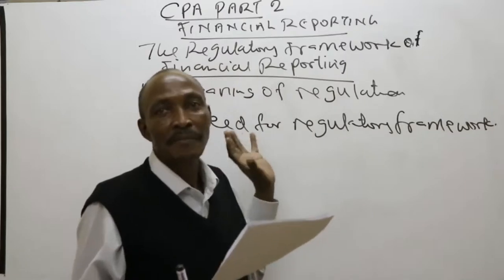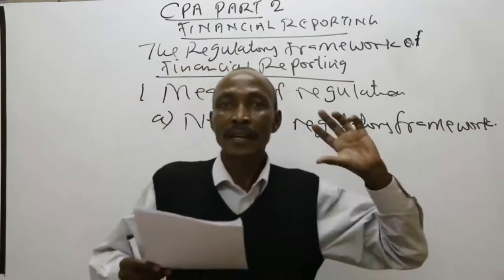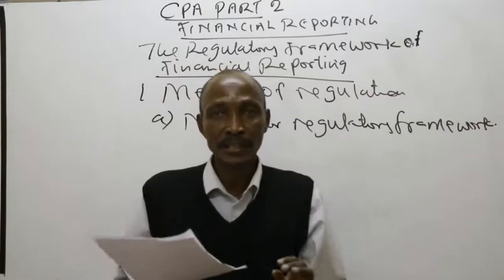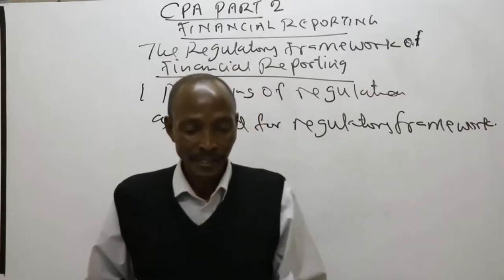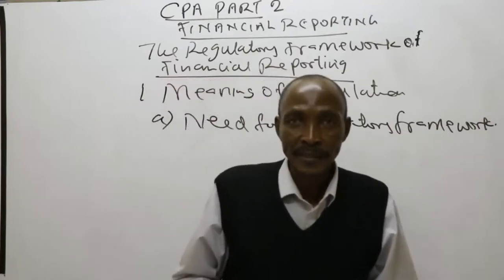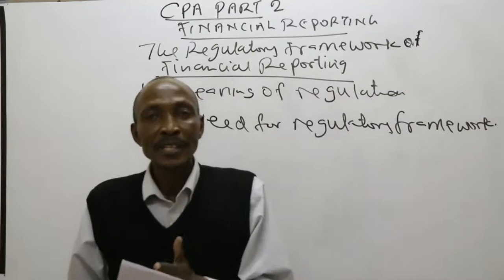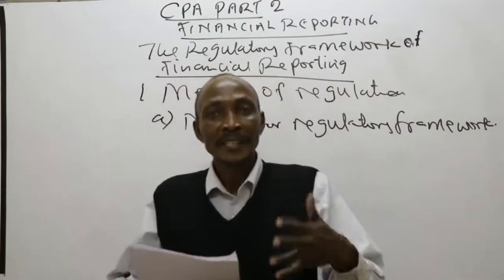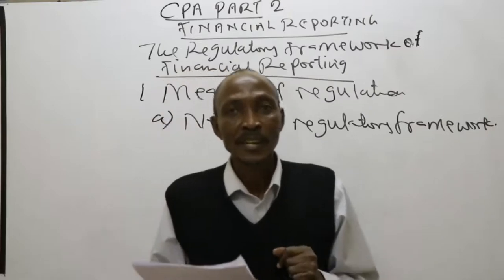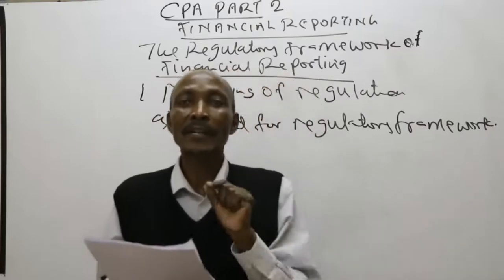How does having a regulatory framework help to enhance the work of the accountant and the results that we get from the accountant's work? Because accountants have gone to school in different places, they have different backgrounds of experience, we require that they have a common reference.